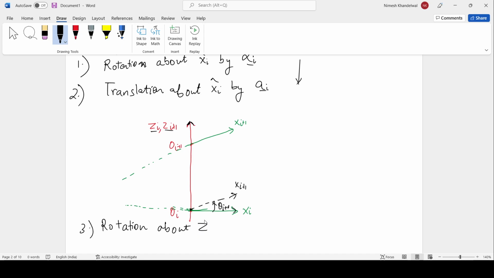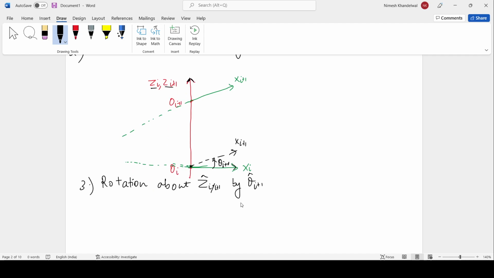I can call it rotation about z I plus 1, or you don't even need to call it z I plus 1. It is just the new z axis, by theta I plus 1. I call this angle theta I plus 1.